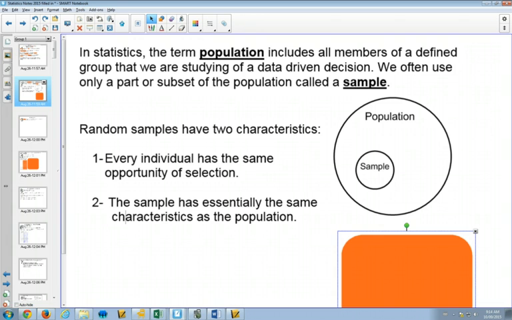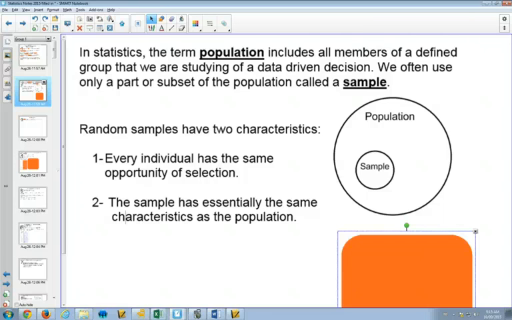Population is the entire thing that you're studying. It's not always everything, because, for example, if we wanted to know what students in this school thought, the population doesn't include all students ages 13 to 18 all over the place. It's just in this school. And a sample might be this class.